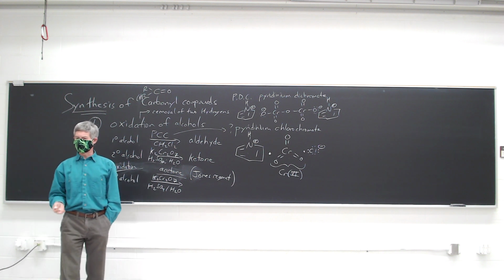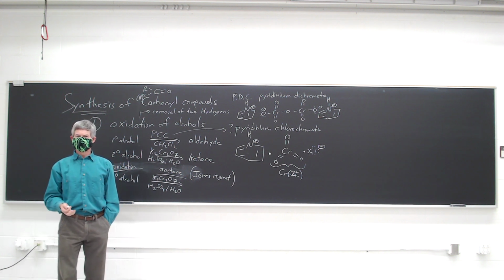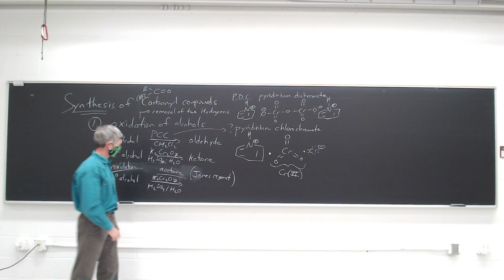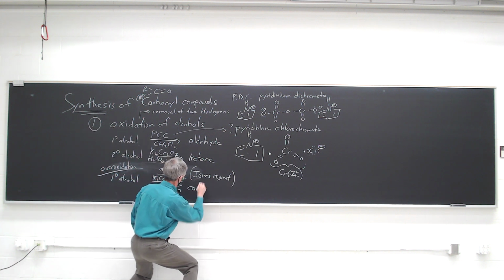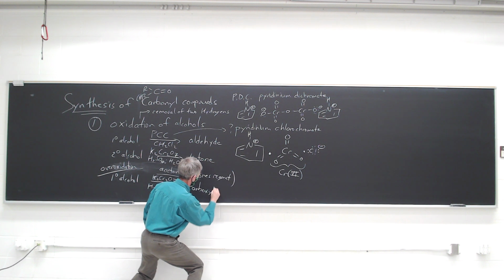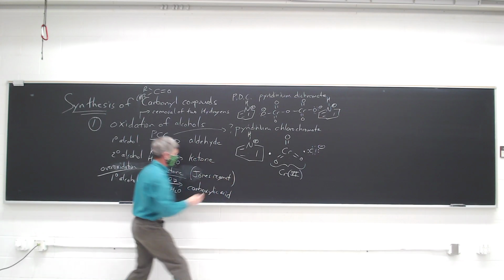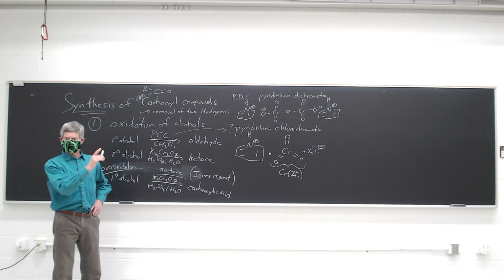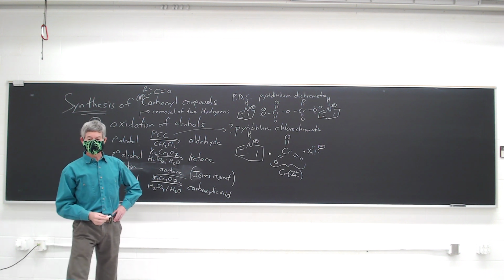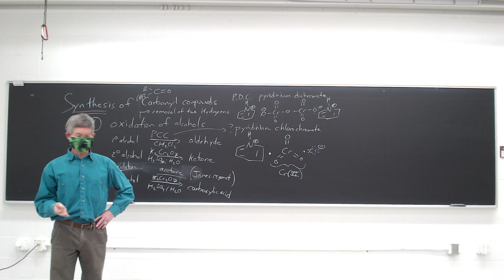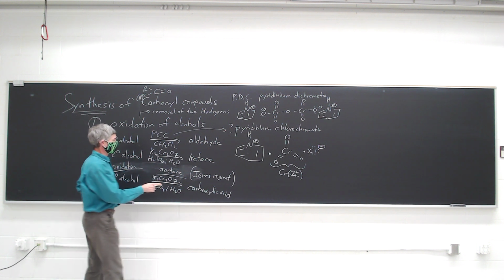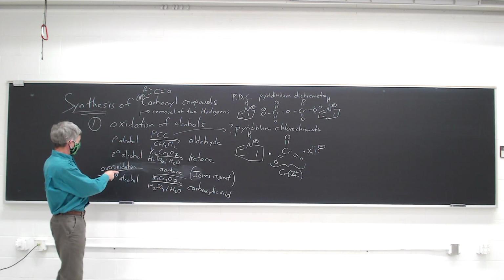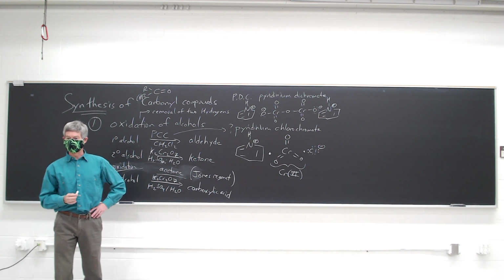What does it over-oxidize to? Carboxylic acid. So in this case, you oxidize by removing two hydrogens to form the aldehyde, but then the aldehyde is itself oxidized by addition of another oxygen to the carboxylic acid. Does anybody remember why that over-oxidation occurs?